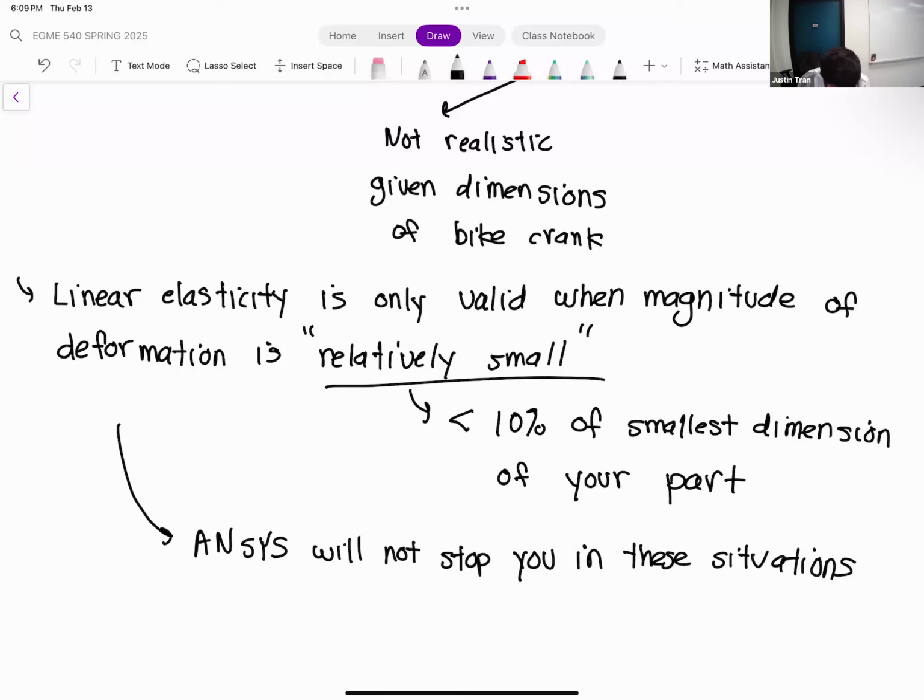If it's especially egregious, then ANSYS may give you a warning that very large deformations have been observed, but it won't stop you. And so that's one thing you have to be wary of.